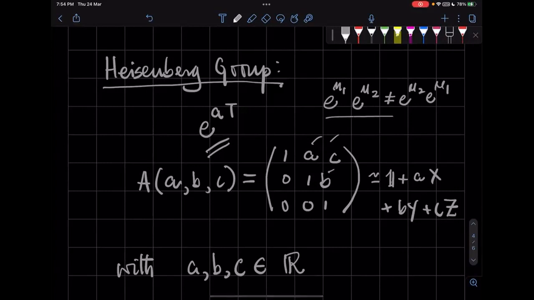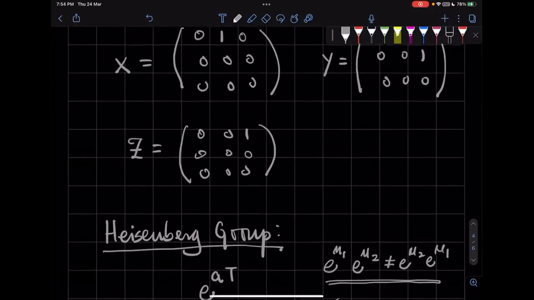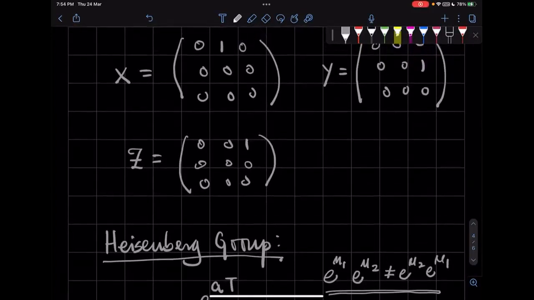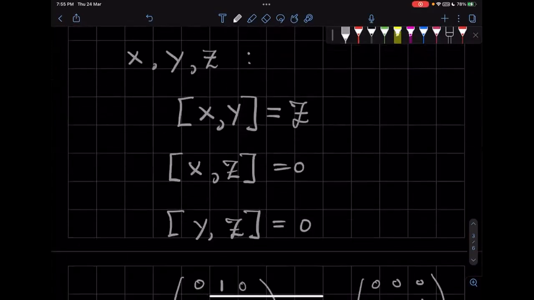So non-abelian groups always give rise to Lie algebras which are non-commutative. So the Lie algebra of an abelian group is always trivial. And here we see that the Lie algebra is not. The other thing you can see is the following.